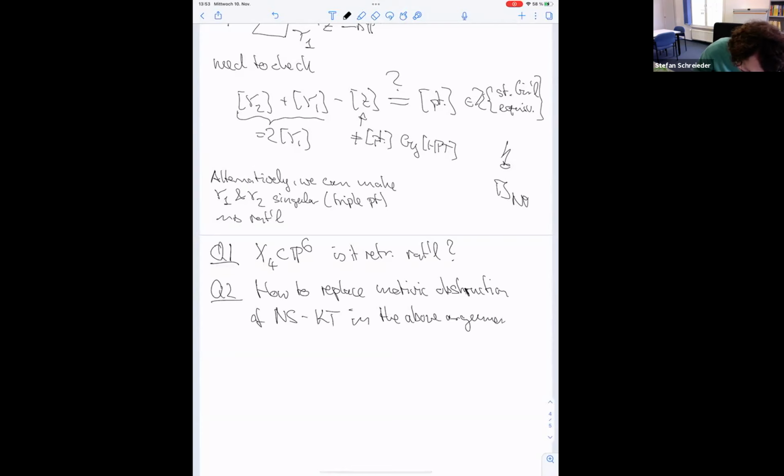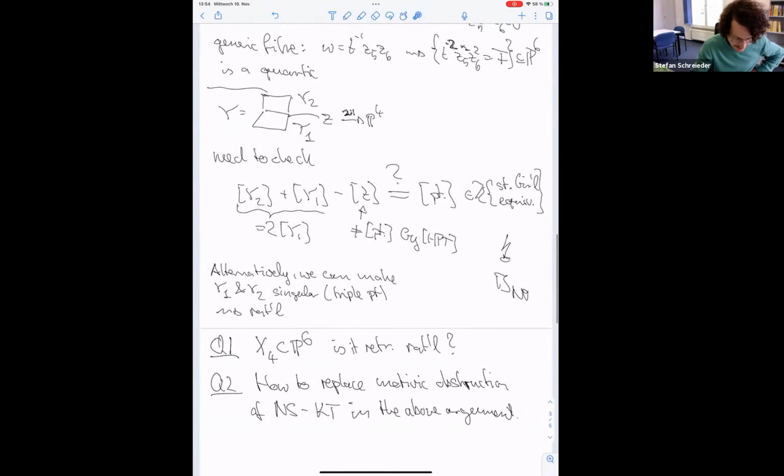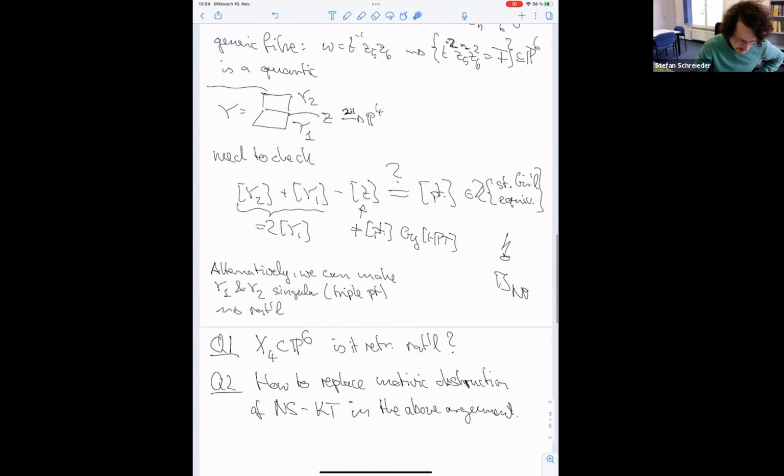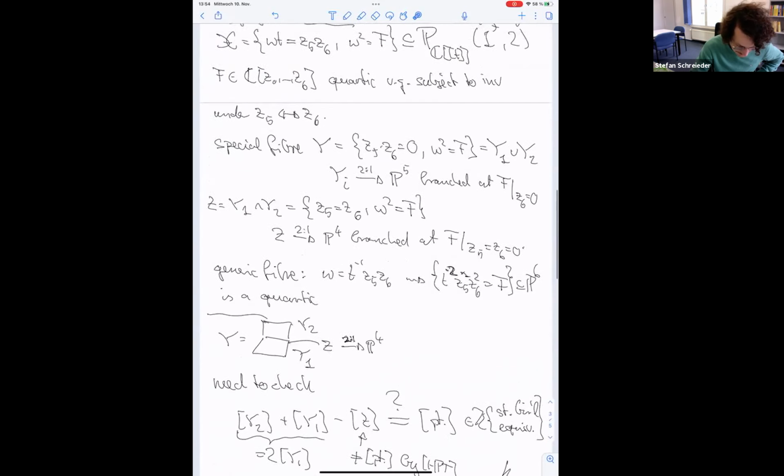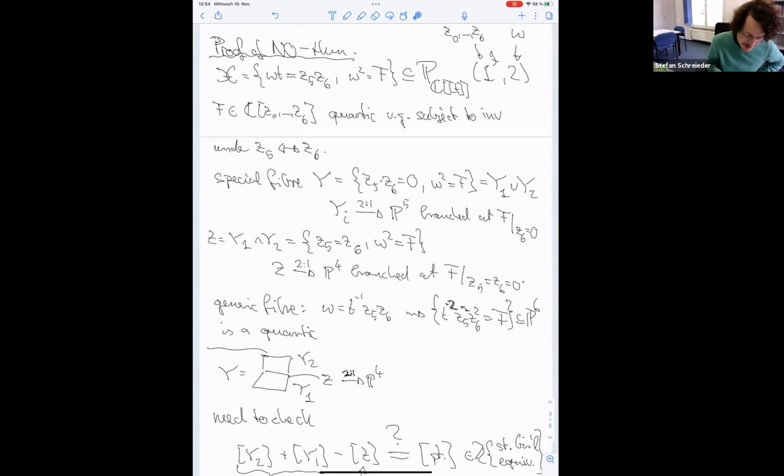I mean, this result is very, very central here, and one needs a replacement for this. So what I'm saying is that I want to use a similar degeneration as they are using.